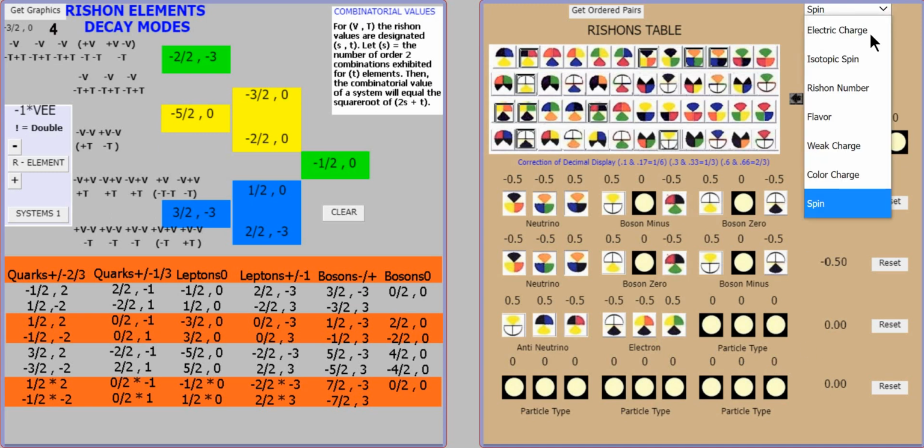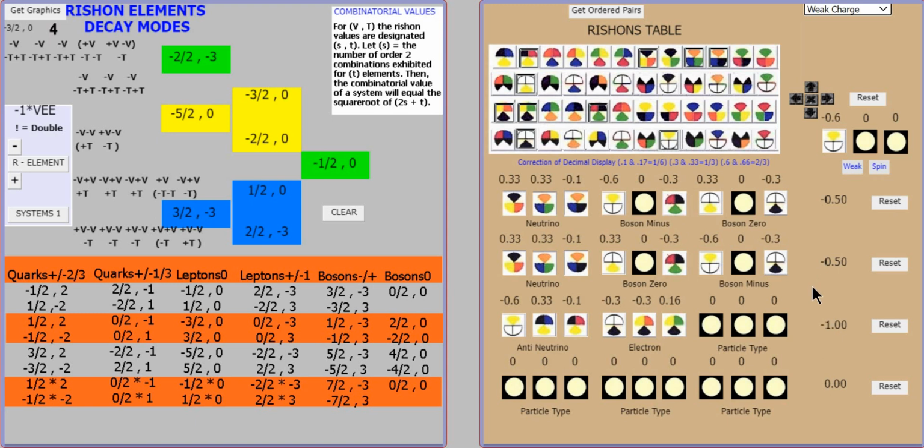Now, the weak charge. The weak charge on the muon neutrino is +1/2, which is predicted by the standard model for a left-handed neutrino. And on the boson minus, we have a -1 contribution.